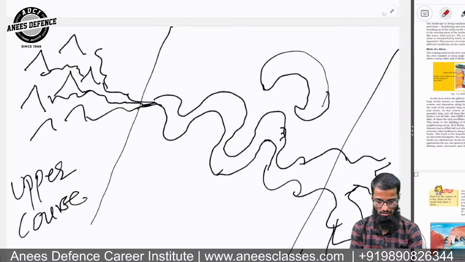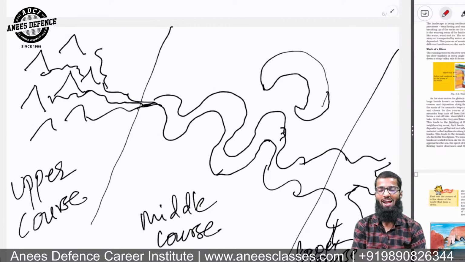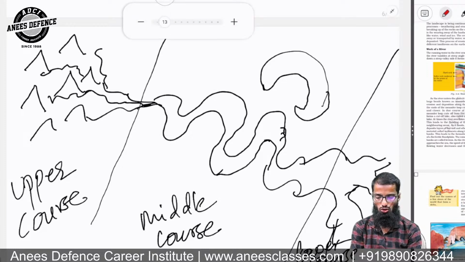So this is the middle course, and this is the lower course of the river. We will see the different landforms formed by the river on the upper and lower stages or courses.